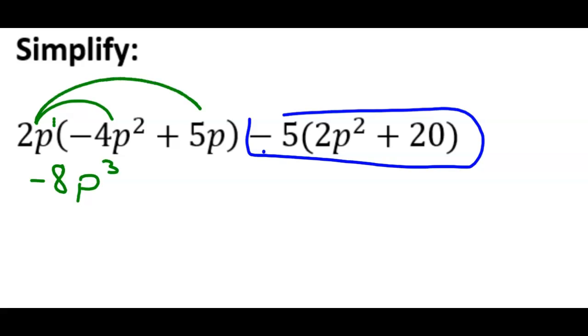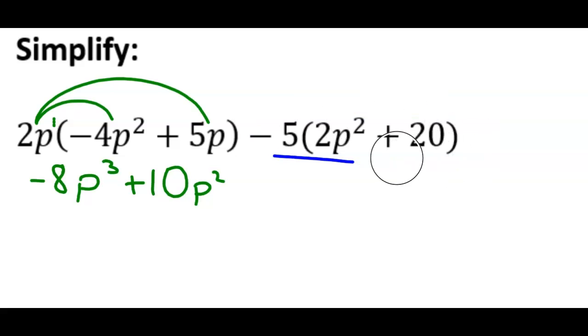What am I going to get when I do that? Plus 10p, to the second. Because there's a little 1 here and there's a little 1 there. 1 plus 1 is 2. Okay? So now, that's that part. And then we just put the plus 10 in between.